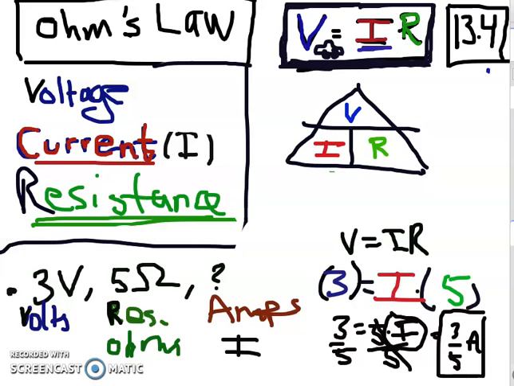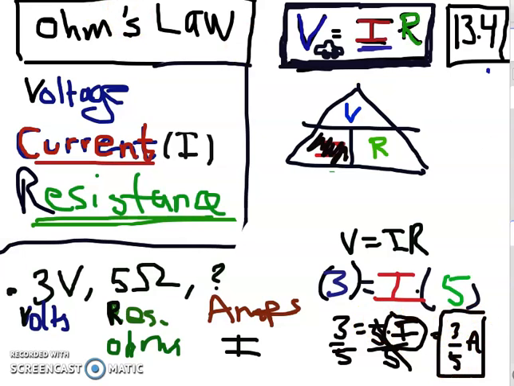Okay? Another example. But before I show you that example, remember what we're trying to do, or how we can use this circle. If we're trying to find the current, then we just do volts, which is 3, over resistance, which is 5, and there we have our 3/5.